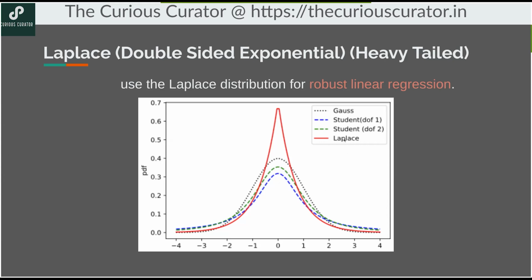The next one is Laplace. If you really focus on this tail, you can see that this red one is above this black one, right? Not that visible, but the point is that it has a heavier tail.